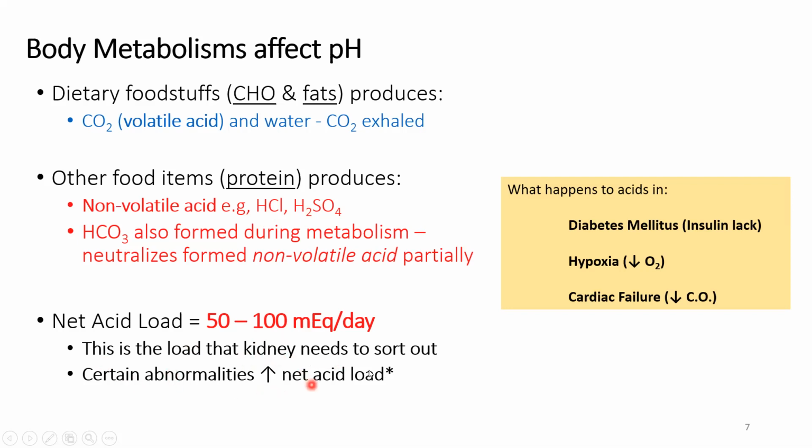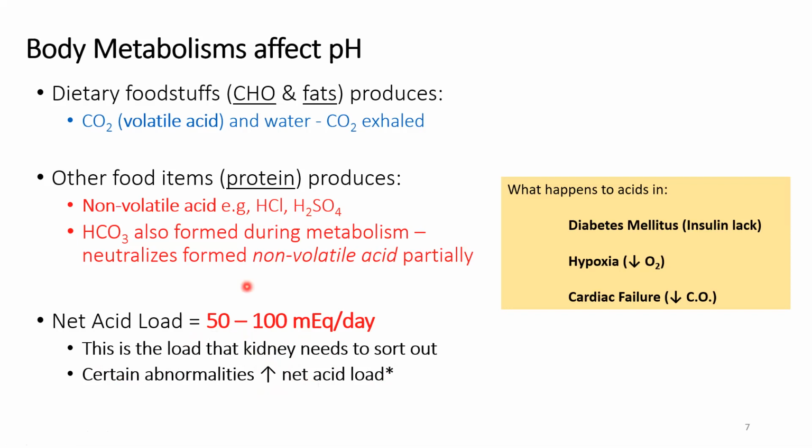And this is the net acid secretion, which is between 50 to 100 milliequivalents per day for a person who eats a slightly more protein-rich diet, which is the case these days in most parts of the world, unless the person we are considering is a vegetarian or a vegan.